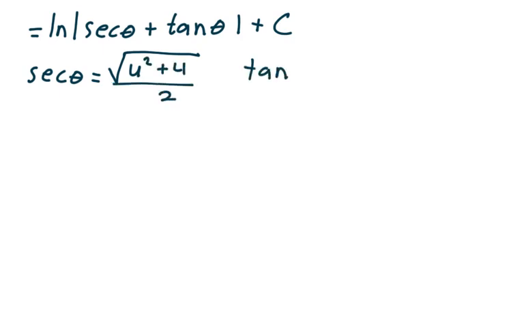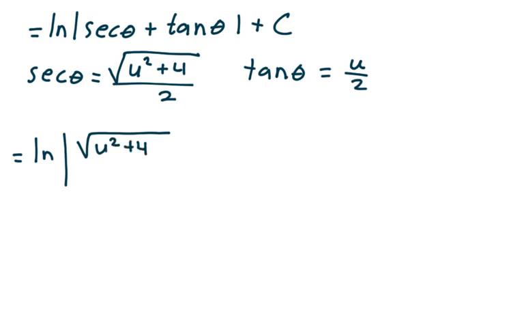Tangent theta is equal to u divided by 2. And so this is natural log of the square root of u squared plus 4 plus u divided by 2 in absolute value plus c.